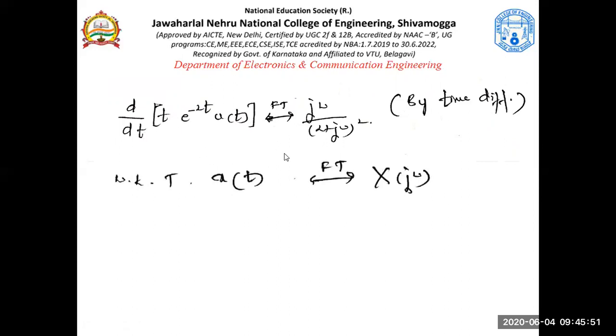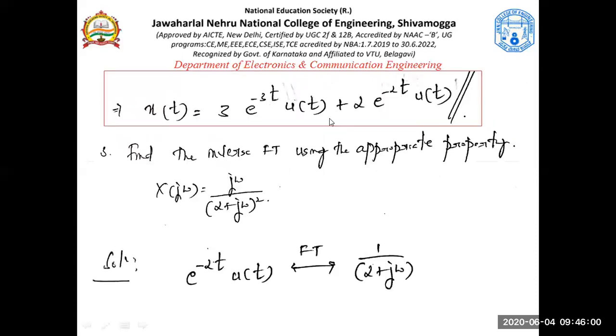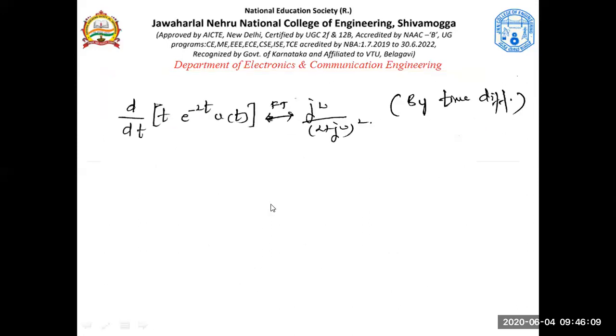Now before differentiating, let's just observe. This is the given signal, x of j omega, right? See the equation. If this is x of j omega, that is the frequency domain signal, obviously this has to be the time domain signal x of t.